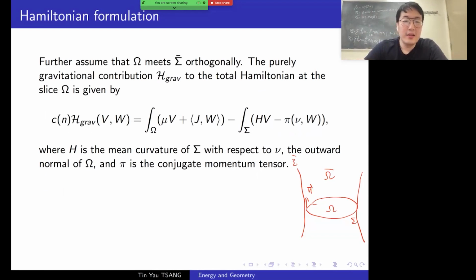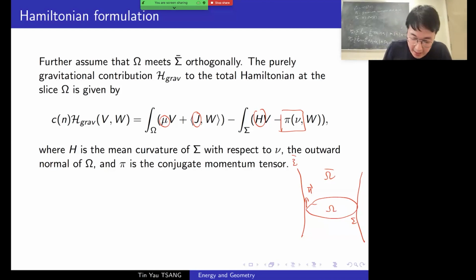Then the purely gravitational contribution to the total Hamiltonian at the slice omega is given by the following quantity, with mu and j here, and on the boundary, something involving H and the pi nu one-form.